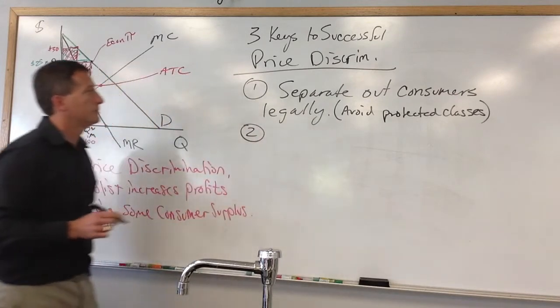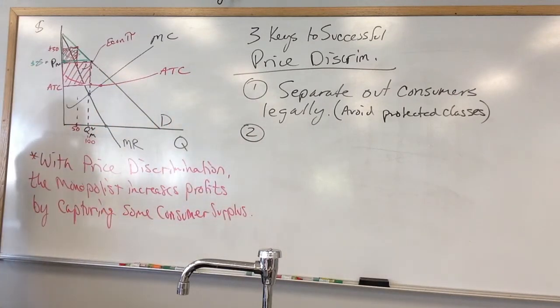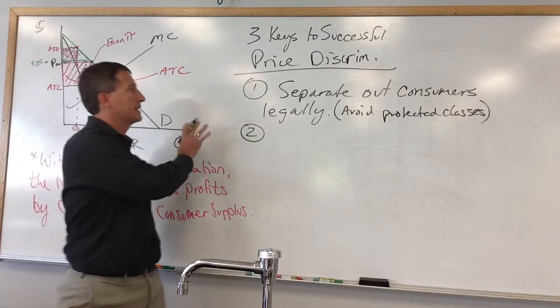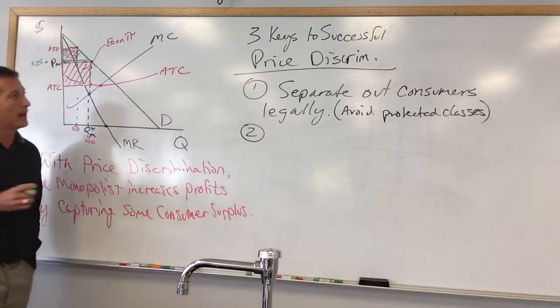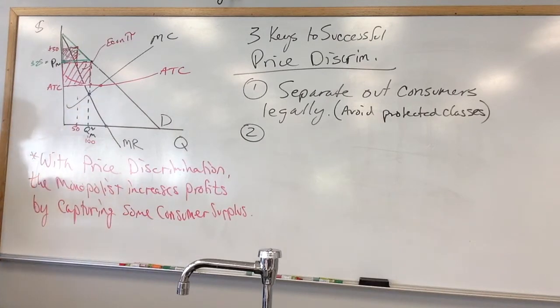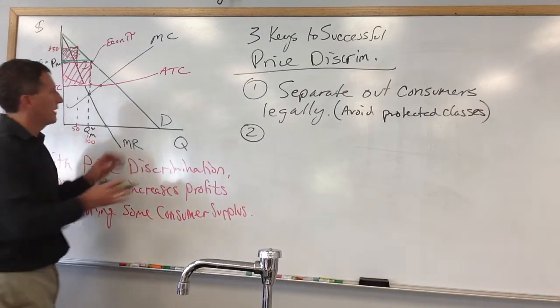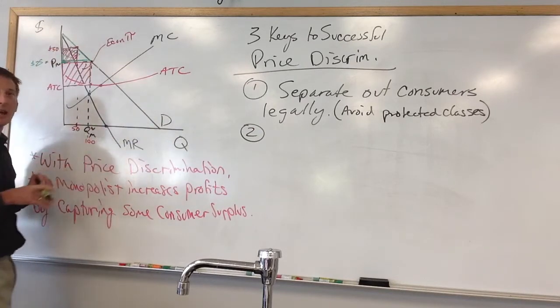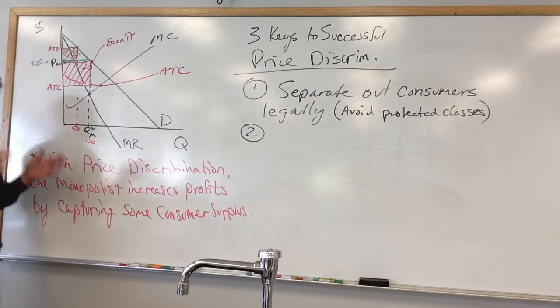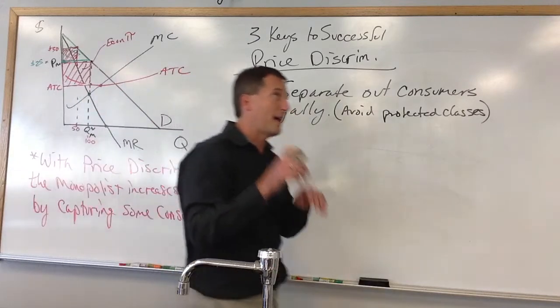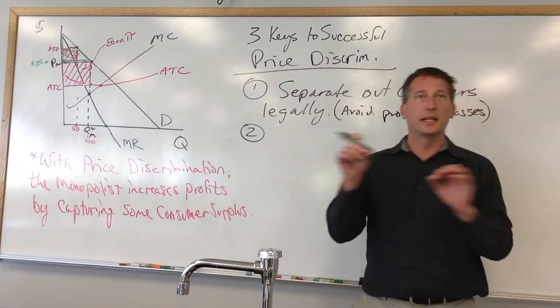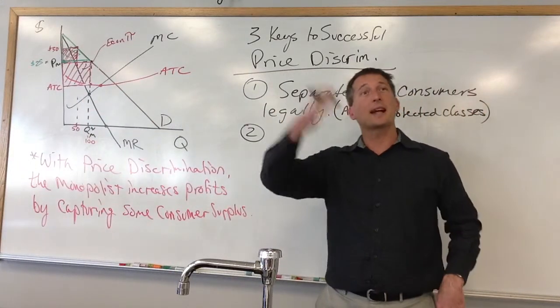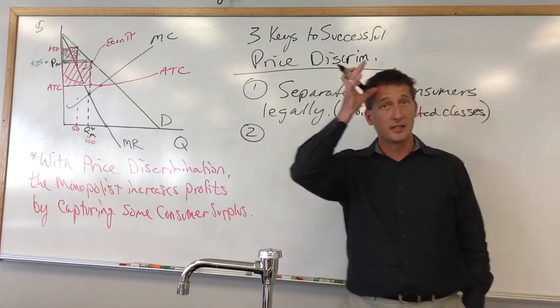Number two, the consumers have to have differing demands, and you have to have some market power. So we have to be in a situation where the firm faces a downward sloping demand curve. I want to leave this a little loose because you don't have to be a monopoly to engage in price discrimination. The next chapter we're going to talk about can do it too.